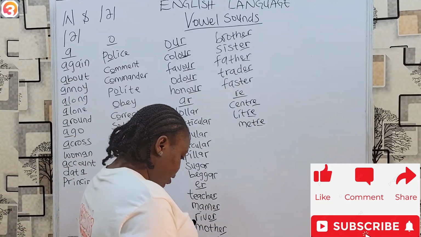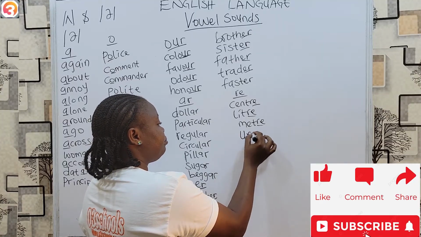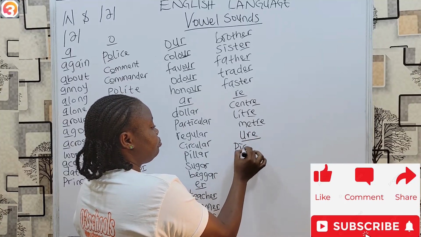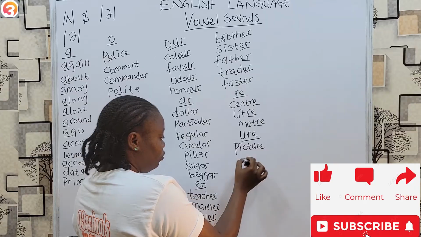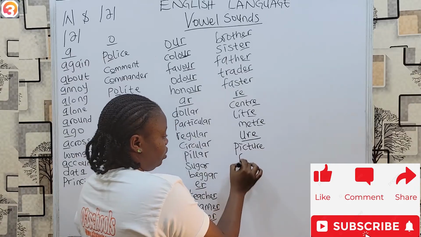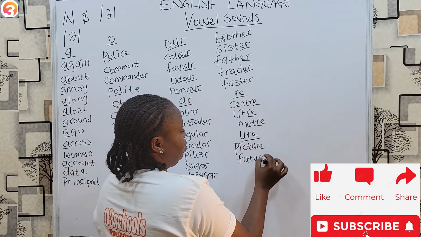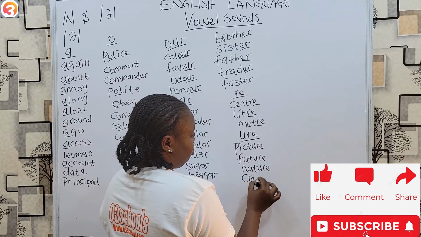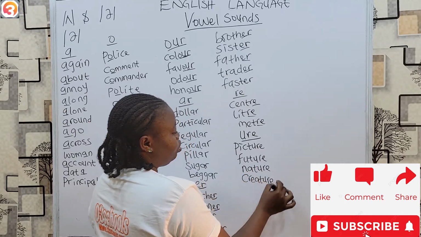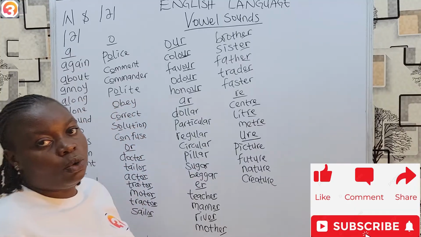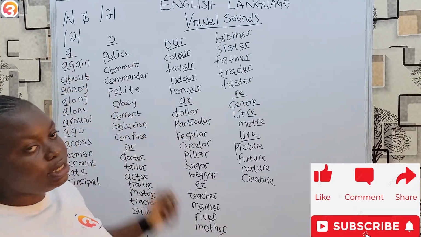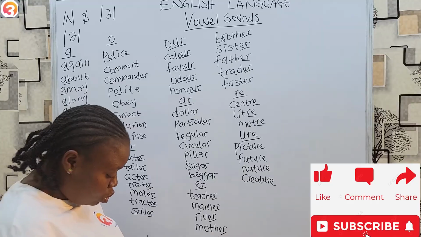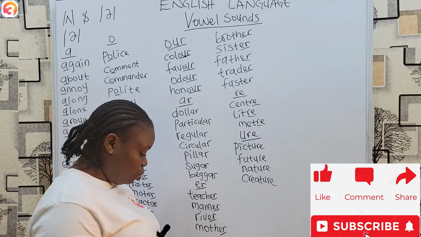We have words ending with URE: picture, future, creature, nature. Like I said before, most words, either at the beginning or at the ending, contain this weak sound. It is the most common sound we have.